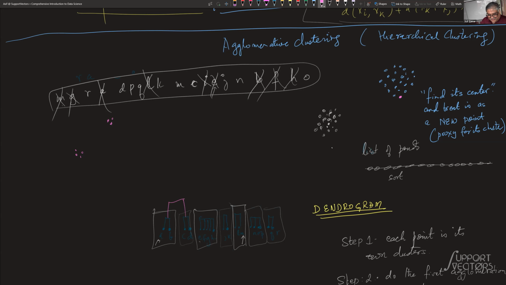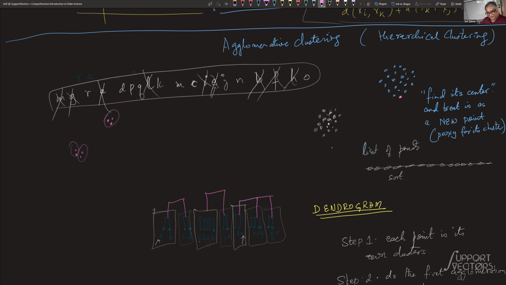They are at the same distance. It may so turn out that these 3 may all come and meet. They are all at the same distance from each other, right? And it may be that these 2 are at the same distance from each other, so it might represent groupings like this.